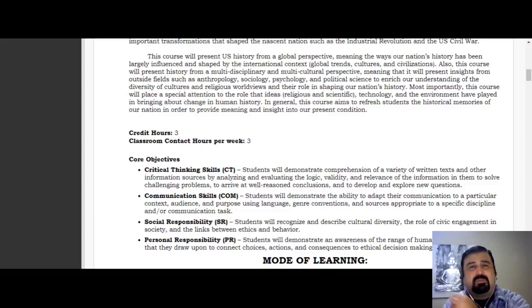So that's what we mean by the global perspective, that we have to pay attention to world civilizations, how they're interacting with one another, and how out of those interactions we see the generation of the United States, because the United States ultimately really was formed by peoples that were coming from different parts of the world, whether it was Europe, Africa, or the American continent itself, the Native Americans.